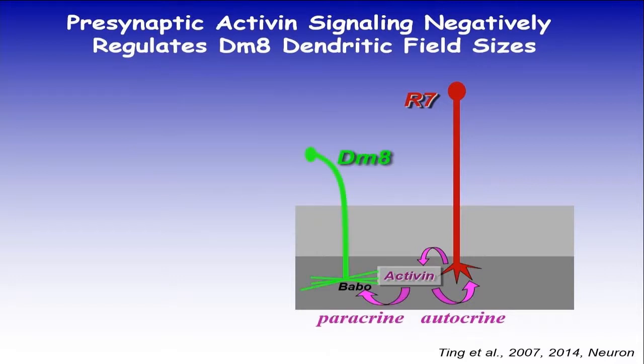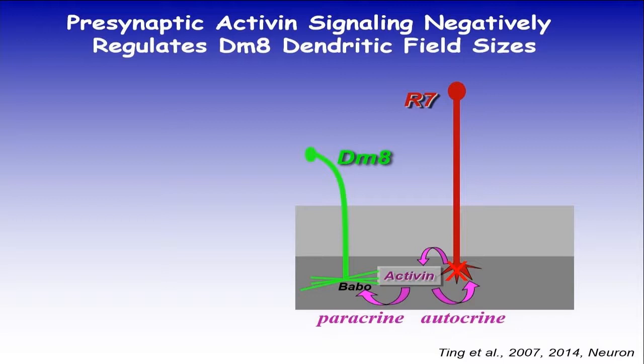We further show that this activin does two jobs. It also provides paracrine information, and binds onto the BABU receptor on its postsynaptic partner DM8 neurons. And the function is very similar to what we have identified in TM20 neurons.